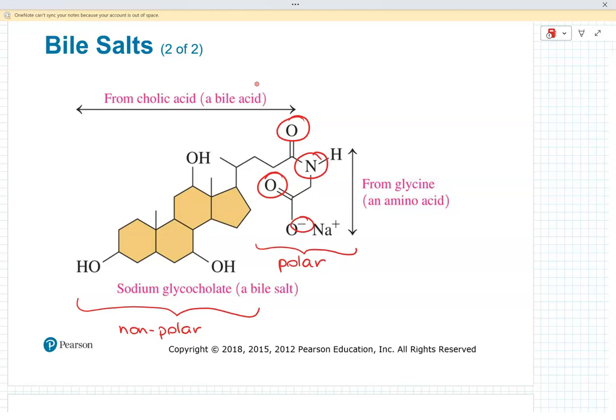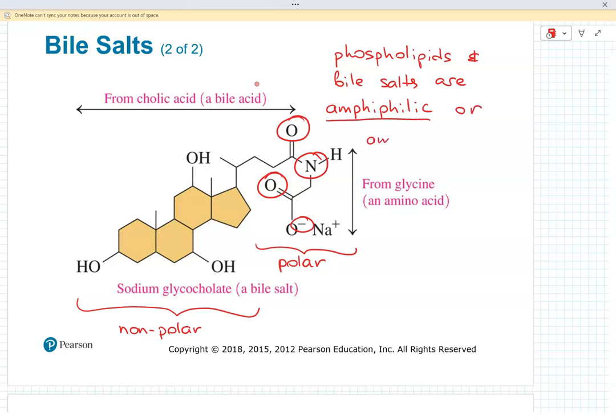Okay, so we call these molecules, like phospholipids, and bile salts, amphiphilic, or sometimes they're called amphipathic.